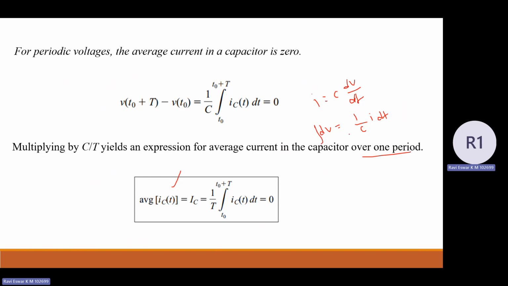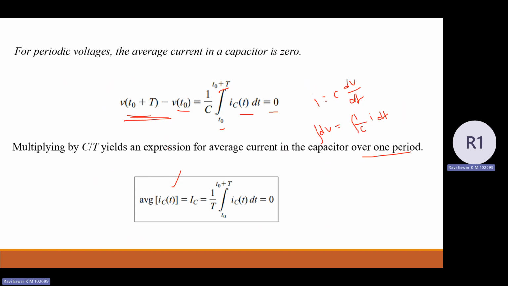Again, applying integration from T naught to T naught plus T, I can write V of T naught plus T minus V of T naught equal to 1 by C integral of I dt, which equals 0.